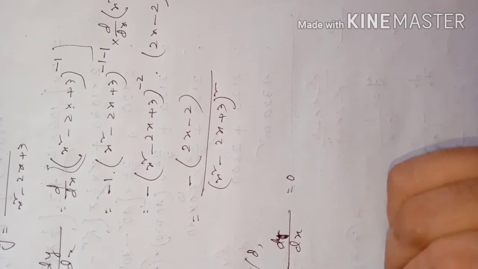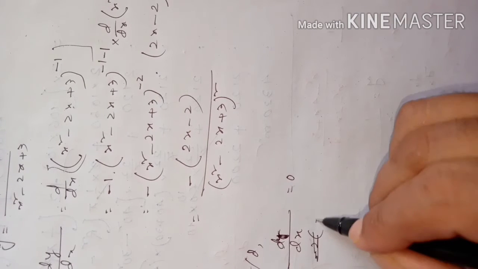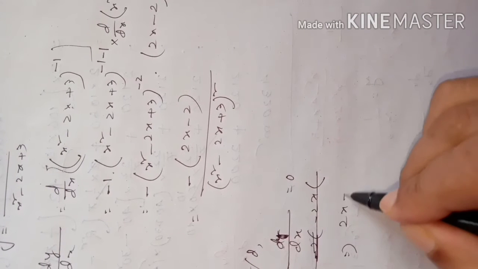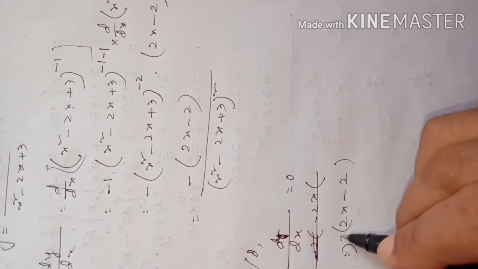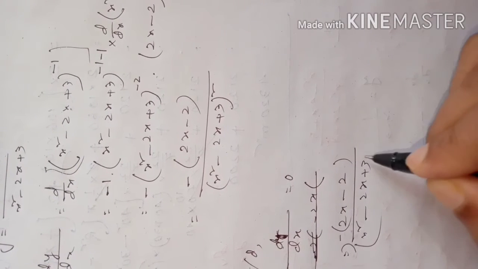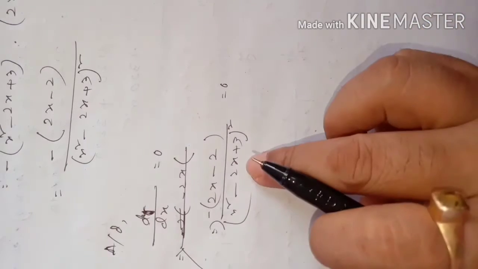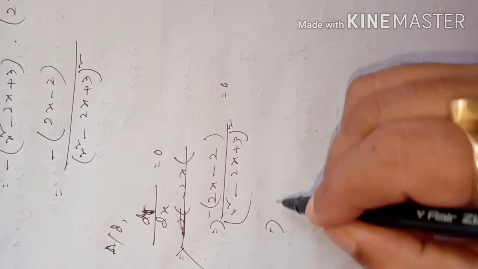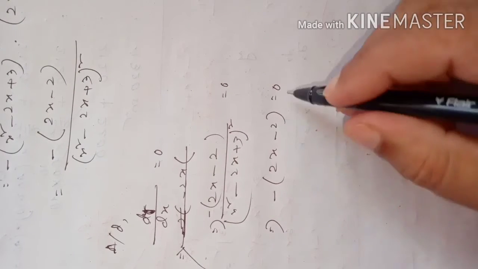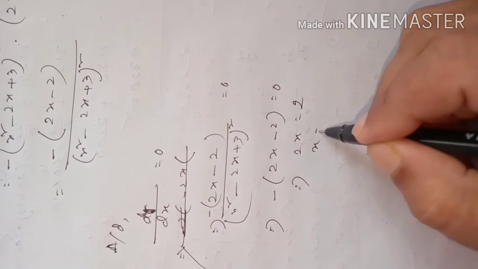This means minus (twice x minus 2) divided by (x square minus twice x plus 3) whole square is equal to 0. That gives us minus (twice x minus 2) equal to 0. Cancelling the negative sign, what do you get? Twice x equal to 2, so x is equal to 1.